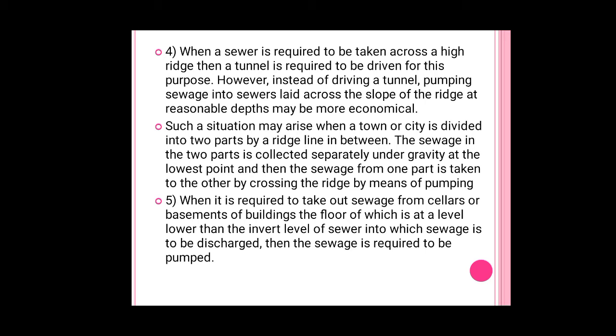Such situations may arise when the town or the city is divided into two parts by a ridge line in between. The sewage in the two parts is collected separately under gravity at the lowest point, and then the sewage from one part is taken to the other by crossing the ridge by means of pumping.